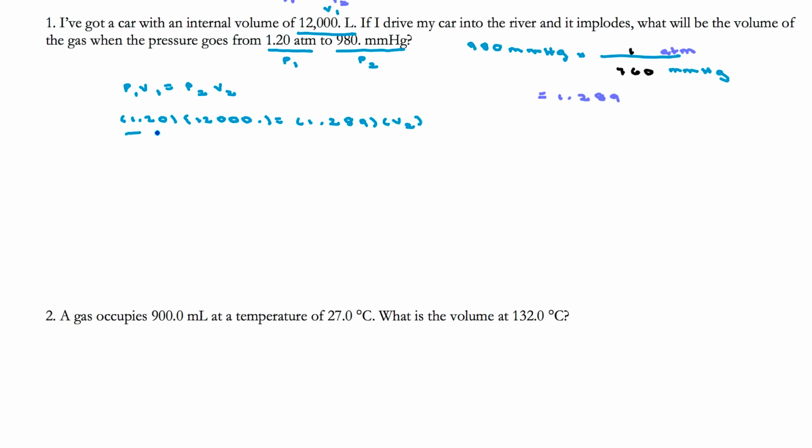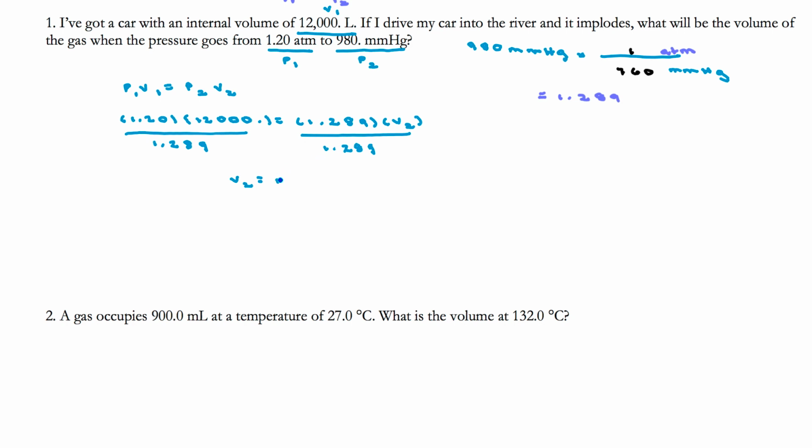So I am going to divide both sides by my 1.289. In my calculator, I'm going to take 1.20, multiply by 12,000, and then divide that by my answer that I got before, my 1.2894, etc., that I had in my calculator. So I'm only rounding once.